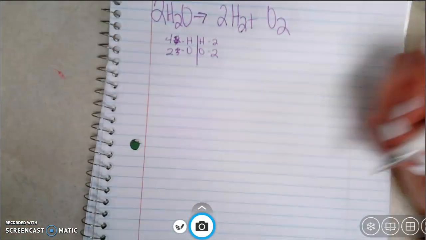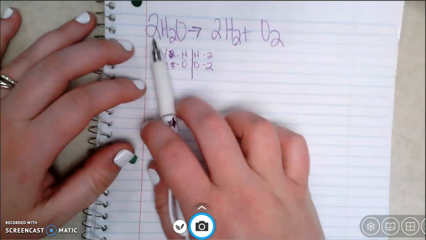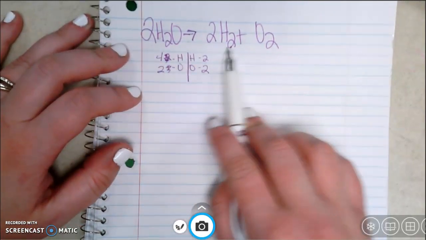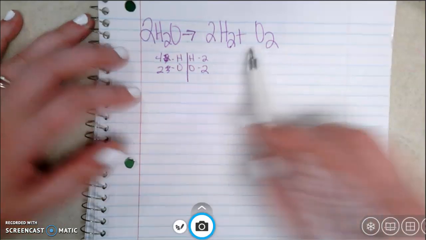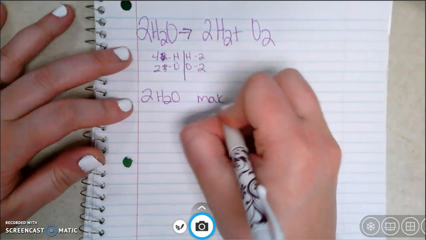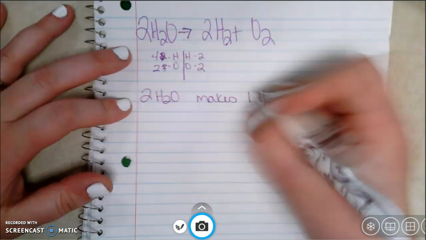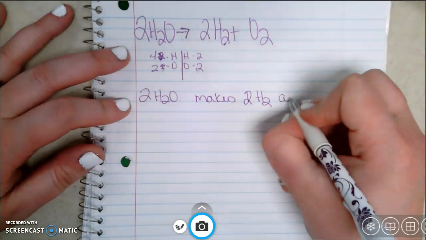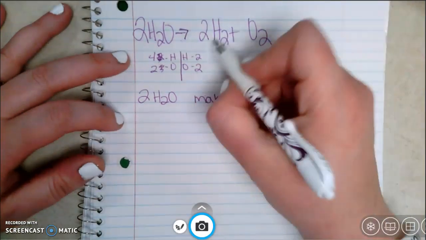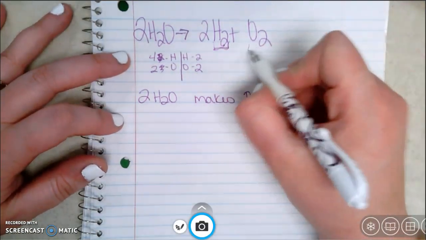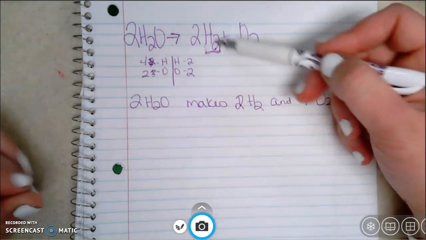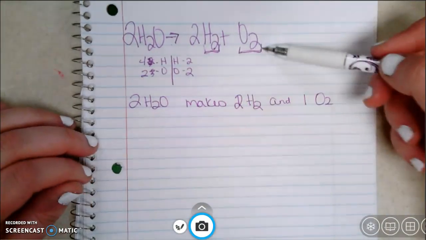What this tells me is that for every 2 water molecules, I will make 2 hydrogens and 1 oxygen. Now, these are compounds, and I refer to them as hydrogen and oxygen, even though this hydrogen compound has 2 hydrogens in it and this oxygen compound has 2 oxygens in it.